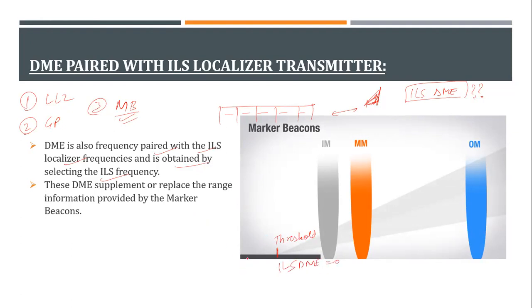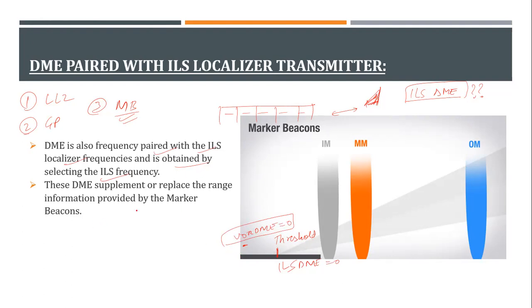Whereas normally VOR DME and other DMEs are present somewhere else, and they will read 0 at that place. Suppose VOR DME will read 0 at your VOR. It will not read 0 at your threshold. And that is why there's a slight difference between those two, and that is used to maintain the correct separation.